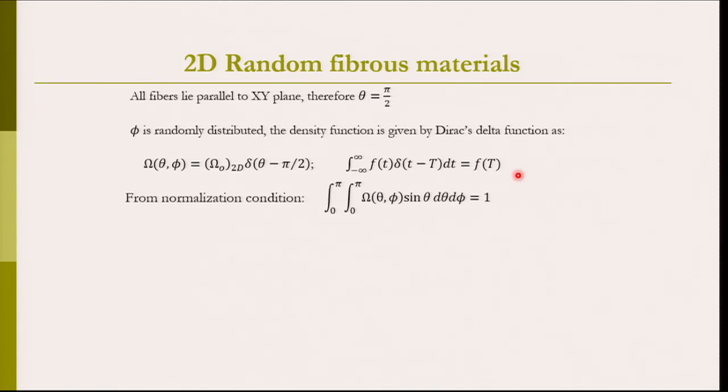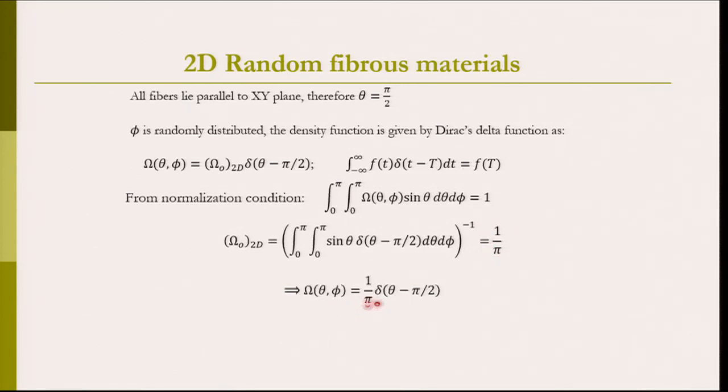So, as we already know the normalization condition that we earlier calculated, our orientation density function should satisfy this normalization condition. So, if you insert the expression of omega theta phi from here and insert in this equation of normalization, you will be able to calculate a constant value of orientation density function to be 1 by pi.